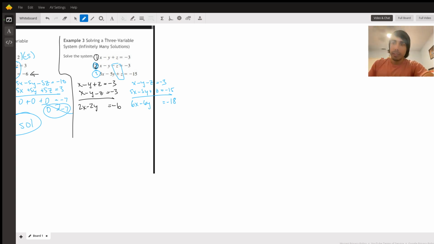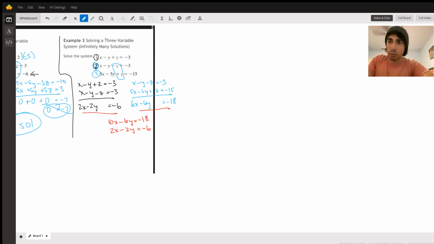I'm gonna underline them right there. So I'm gonna write 6x minus 6y equals negative 18, and then we've got 2x minus 2y equals negative 6. Awesome. Okay, remember what we're looking for. We're looking for opposites. So, for instance, suppose I want to eliminate x.